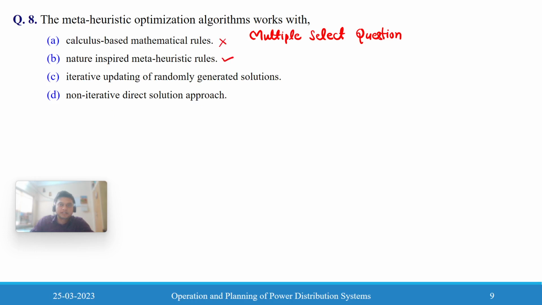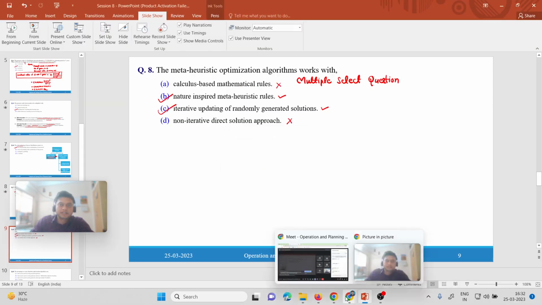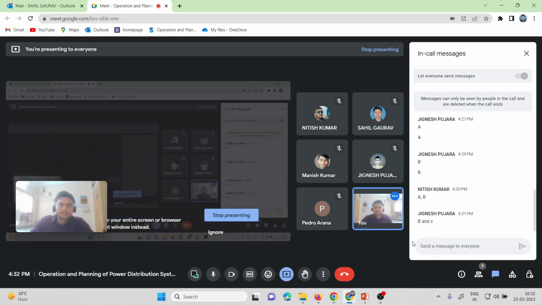A is not correct, iterative updating of randomly generated solutions is also a correct choice, and this non-iterative direct solution approach is also an incorrect option. So finally the correct options are B and C. Yes, Jignesh, B and C is the correct option.